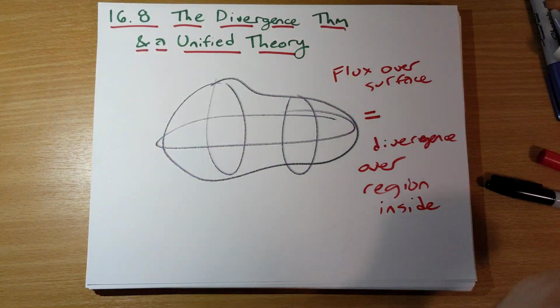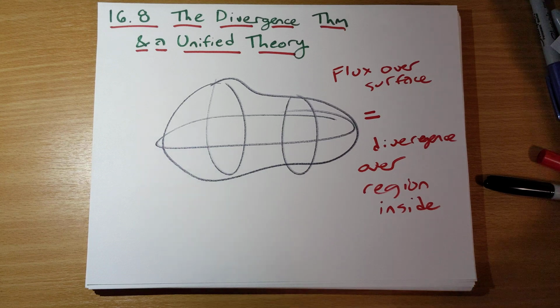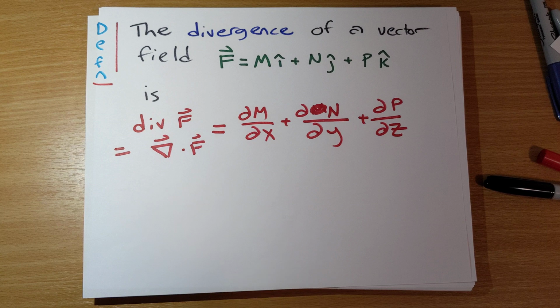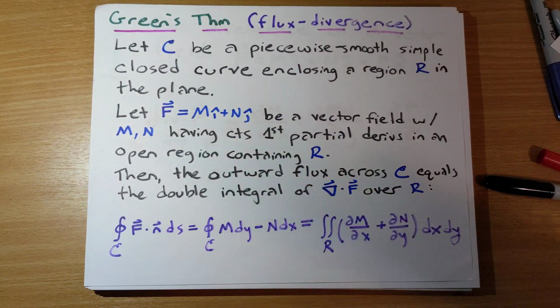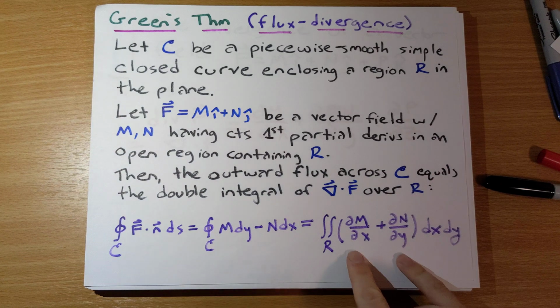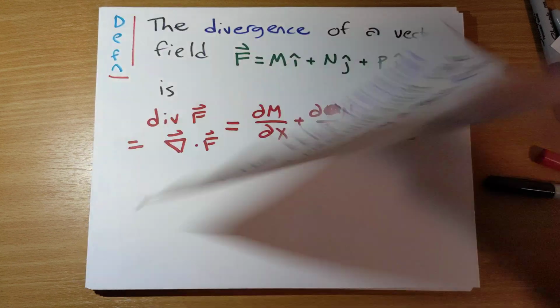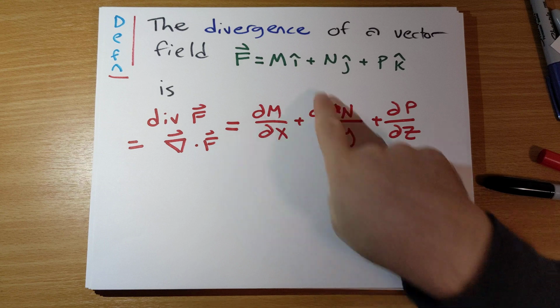Now, before we do anything else, we need to talk about divergence. So, here's going to be our definition of divergence. Let's remind you, in section 16.5, the divergence of a vector field in 2 variables was partial M partial x plus partial N partial y. Now we're kicking up to 3 dimensions in exactly the natural way.